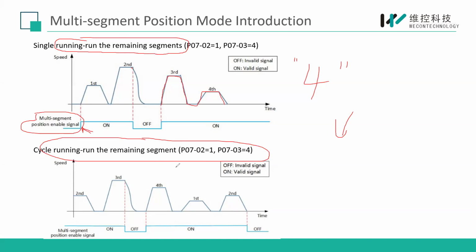In cyclic running, you can see, for example, if we disable in segment 3 and enable again, the motor will run from the next segment 4, and after it finishes, it runs segment 1 and 2 again, because this is cyclic running, and this is the single running. So after segment 4 finishes, the motor will stop. But here it is different. The motor will continue to run 1, 2, 3, 4, 1, 2, 3, 4.